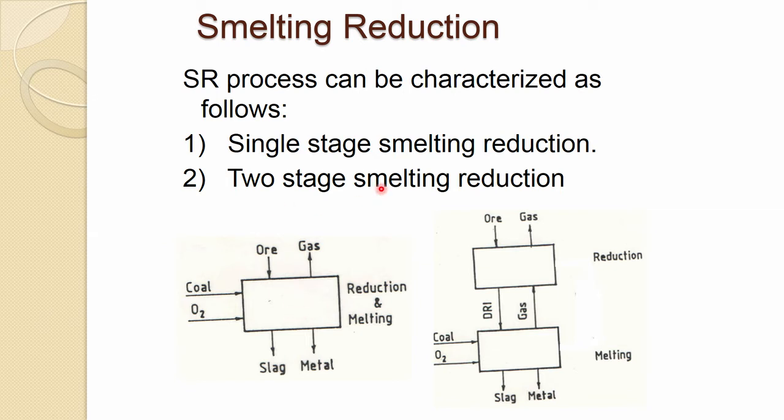However, in the two stage smelting reduction, you have the coal and oxygen as an input, and you feed DRI actually.